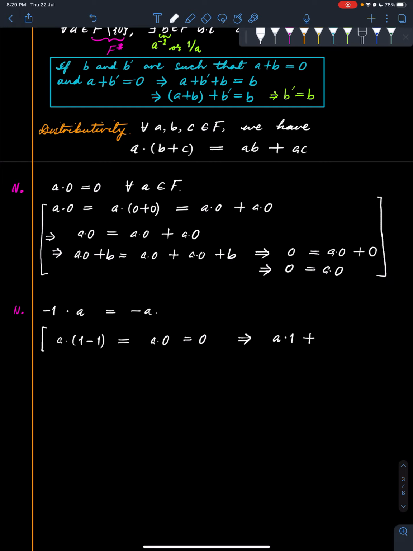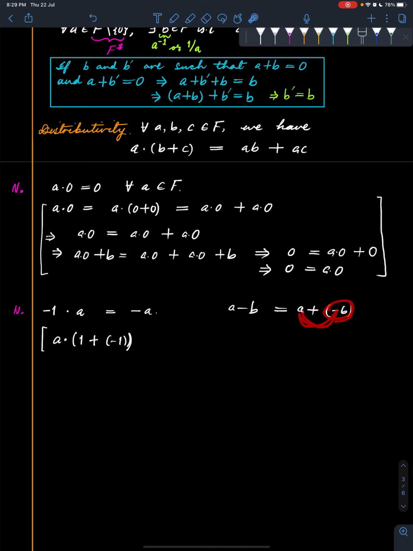Okay, so I should not write it this way. It's not completely proper at this point. But I want to say that A dot 1 plus the additive inverse of 1. So far I haven't said what it means to write A minus B. A minus B simply means A plus minus B, where minus B is the additive inverse of B, and we are just adding the two things.